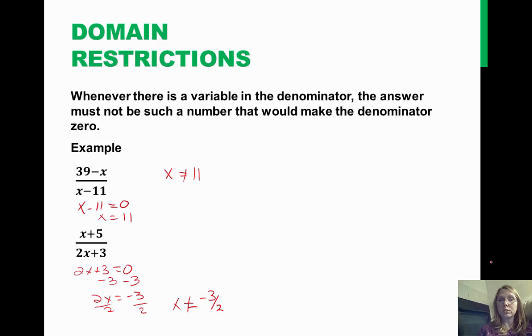So these are restrictions to our domain. And remember, domain means the possible values of x. So whenever we're dealing with rational expressions or rational equations, we need to really keep that in mind.